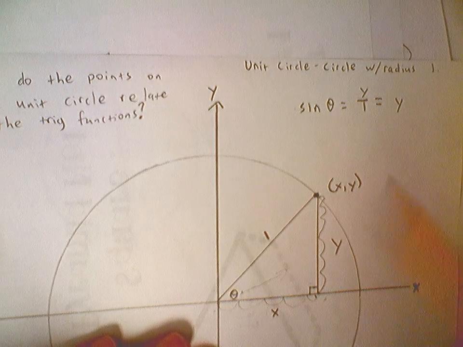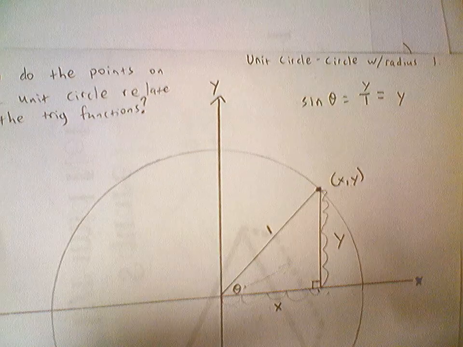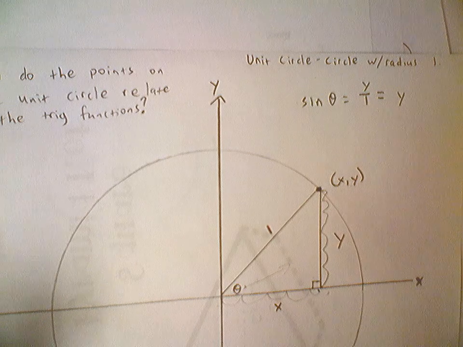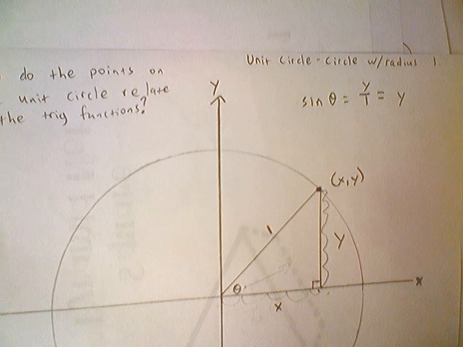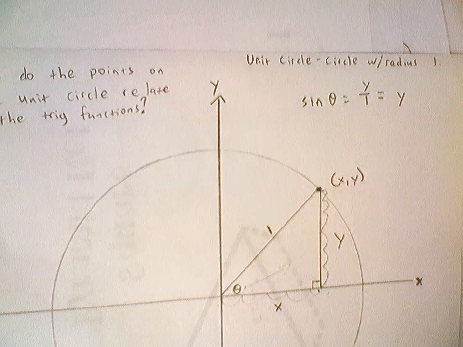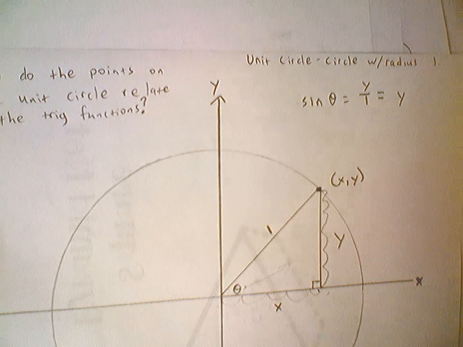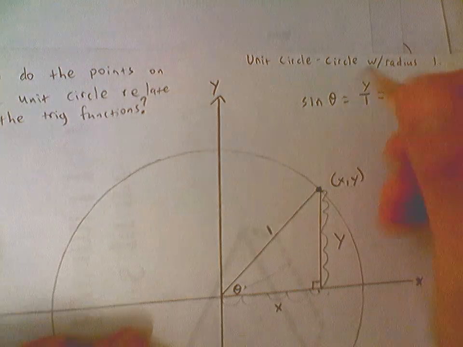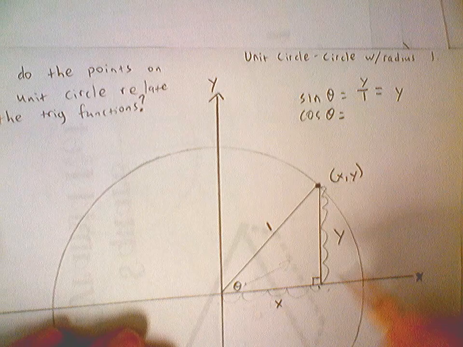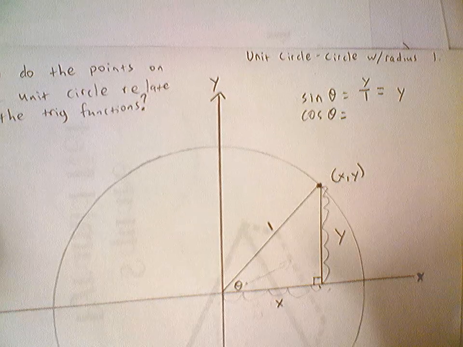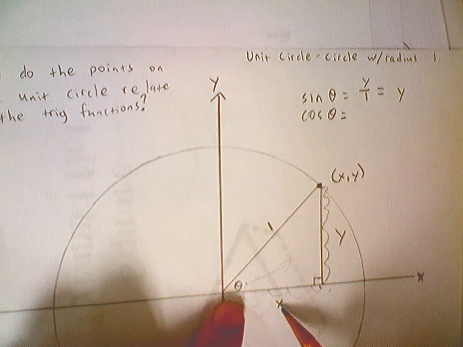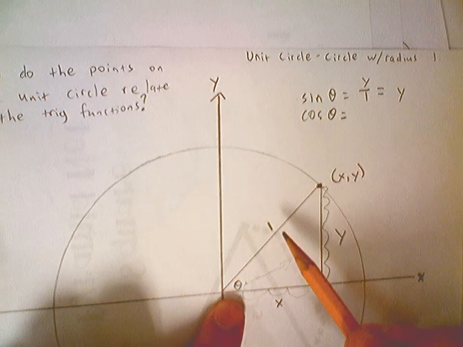We just got our first result from the unit circle. The definition of sine in the unit circle is actually just the y-coordinate of the point on the unit circle. Let's do the same thing for cosine of theta. Again, I'm going to use the definitions that we've already learned. The cosine of theta is equal to the adjacent side over the hypotenuse.